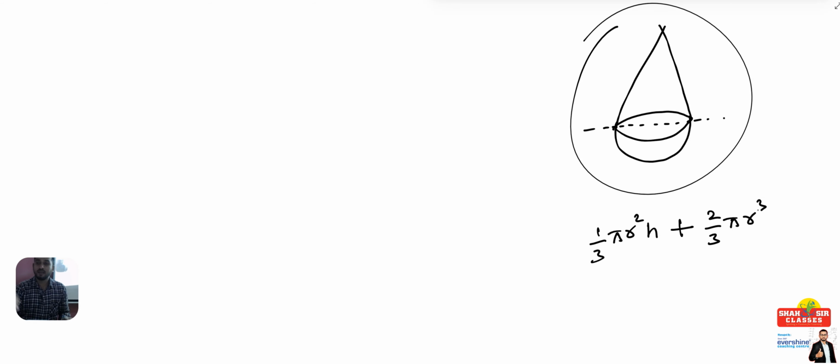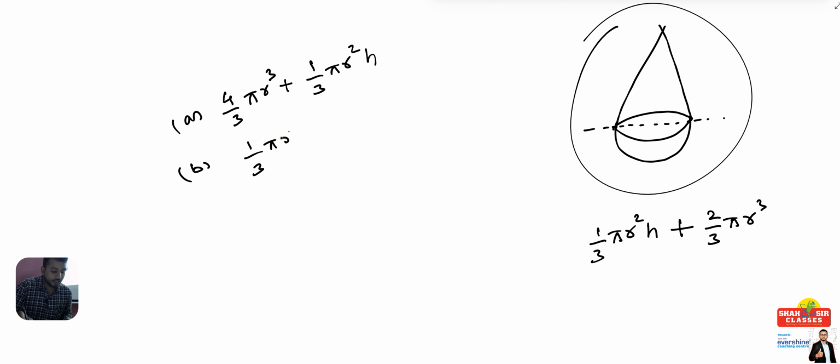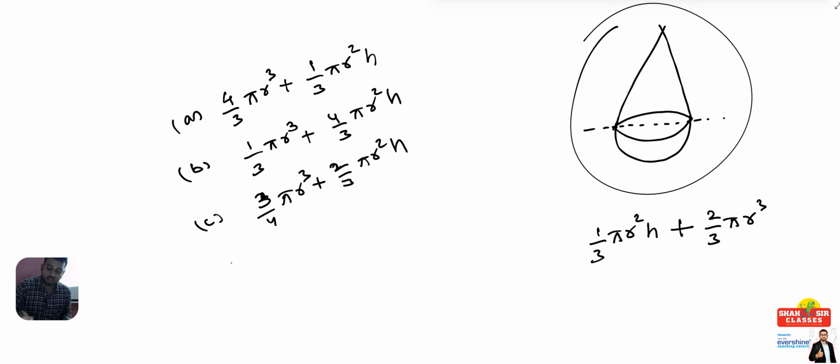Now can you tell me in the given options which is the correct answer? Option A: 4 by 3 pi r cube plus 1 by 3 pi r square h. Option B: 1 by 3 pi r cube plus 4 by 3 pi r square h. Option C: 3 by 4 pi r cube plus 2 by 3 pi r square h.